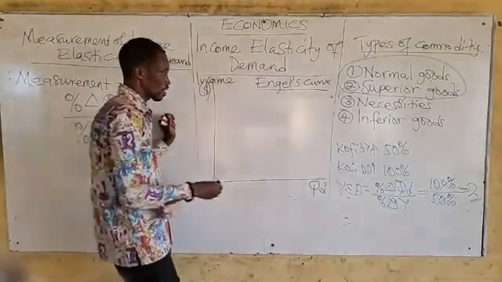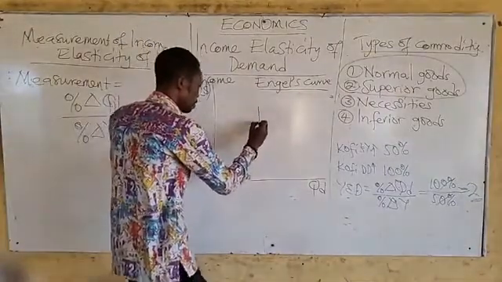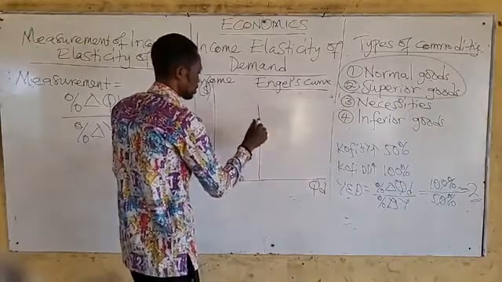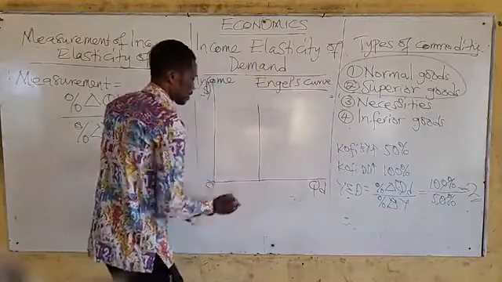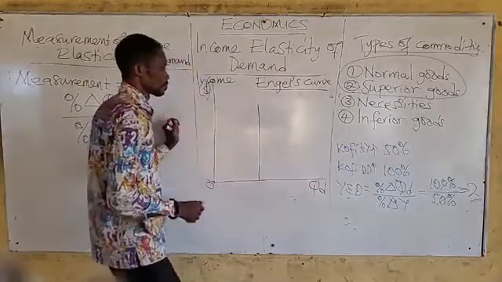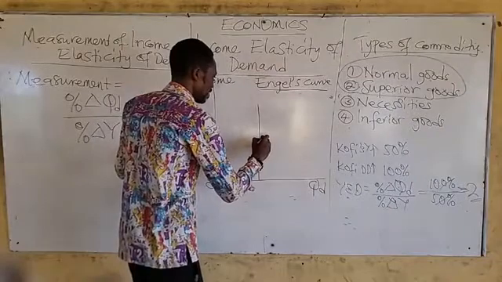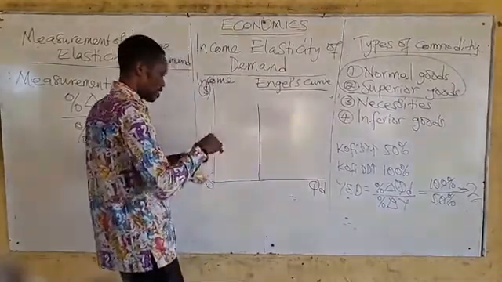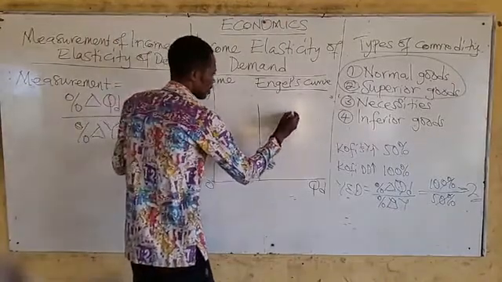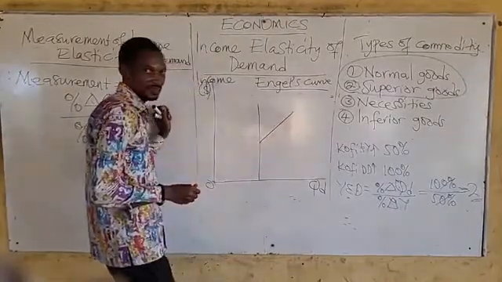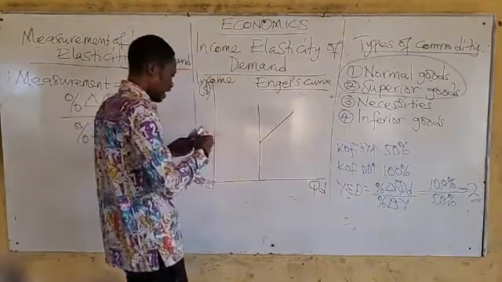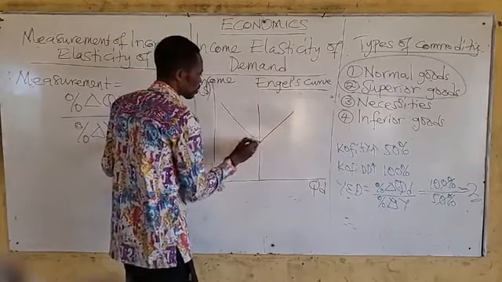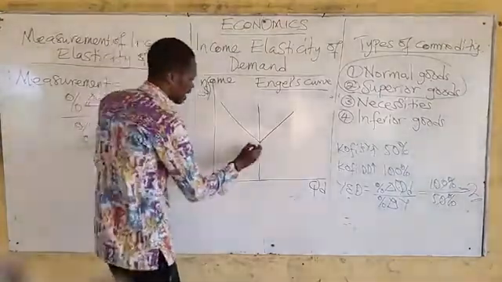Alright. So I have this one here, and then I have a brand for it. Let me use another color so that it will be easier to explain. Red. Then I have another color here, blue. Then I have an income here.